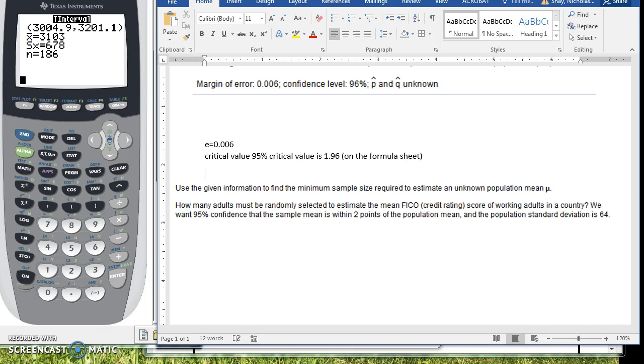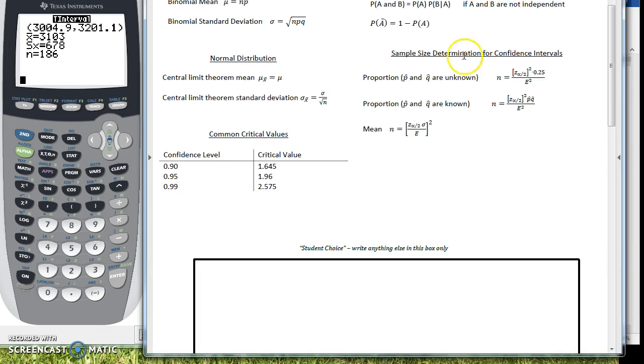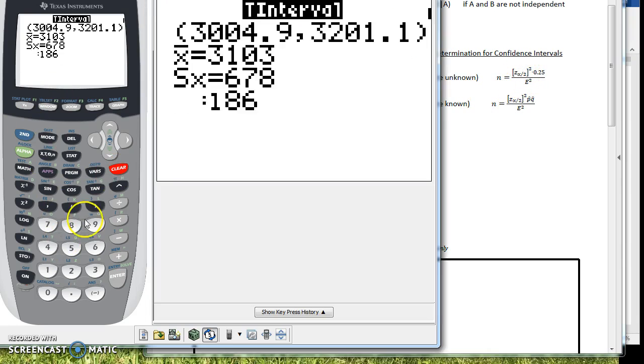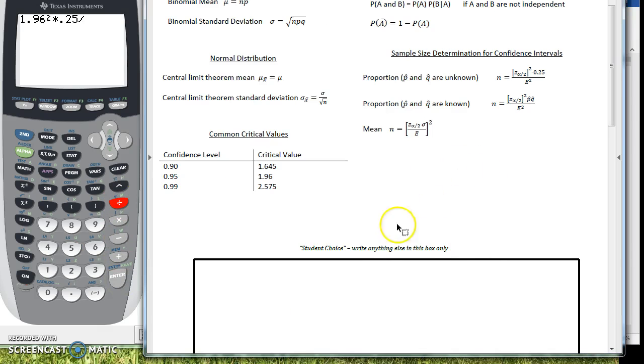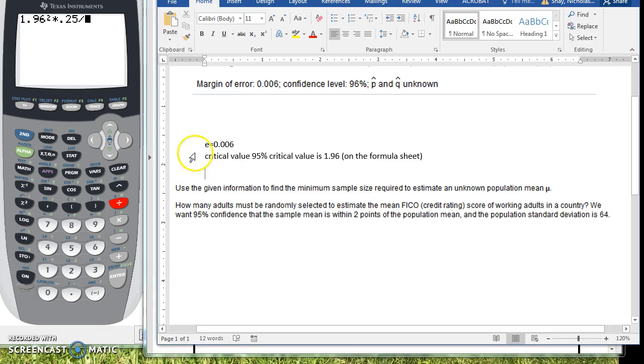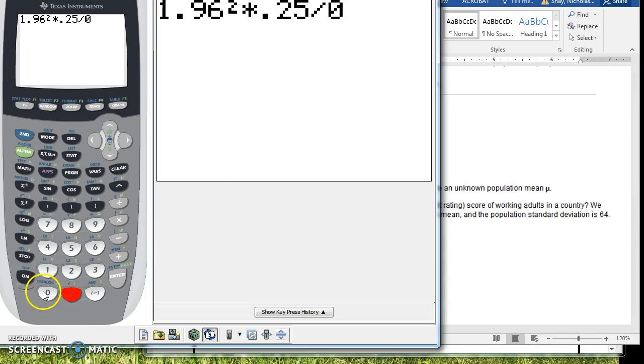So when we plug that in, let's look at the formula sheet again. It's z alpha over 2 squared, so it's going to be 1.96 squared, times 0.25. Then we divide it by our E, which we said was 0.006, squared.